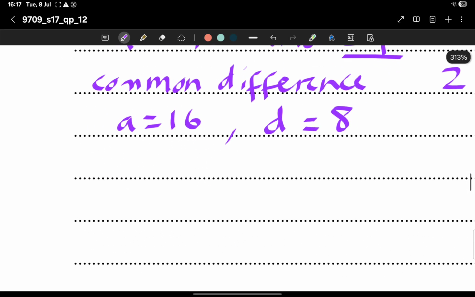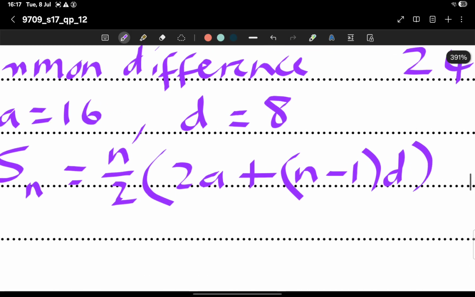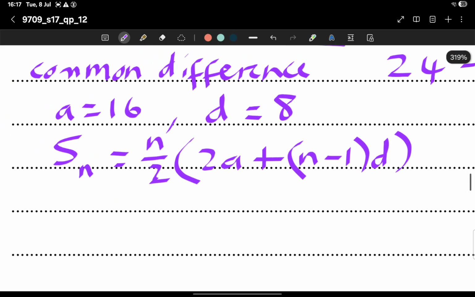And we're going to be using the formula which says Sn equals n over 2, then 2a plus n minus 1 d. You can also get this formula from your MF19, which is provided in the exam.